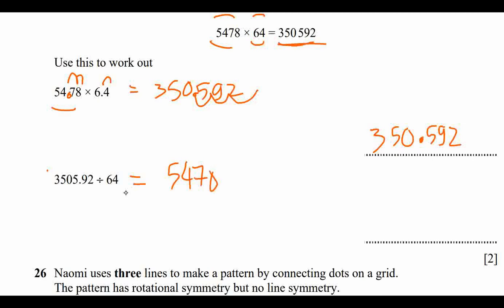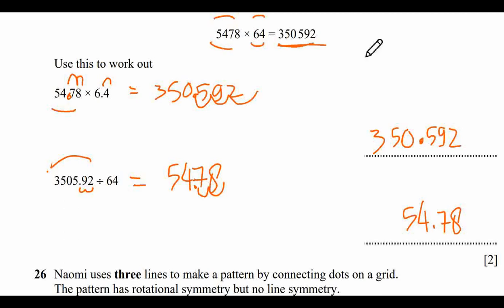But since this number has 2 decimal places, we have to put 2 decimal places in here. So 54.78. That is supposed to be the answer.